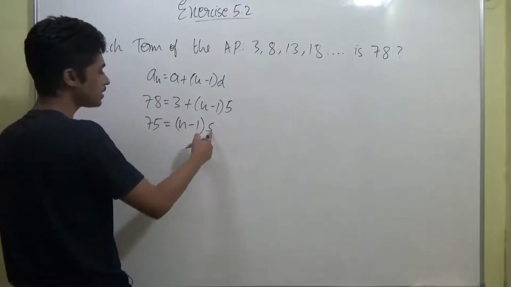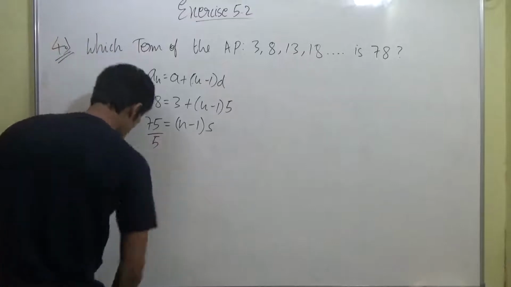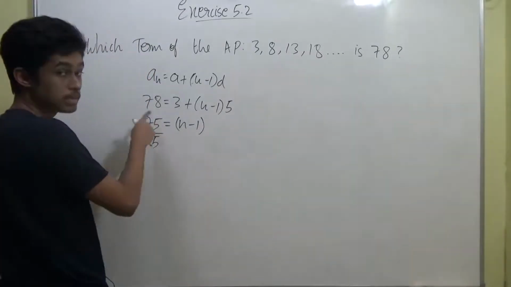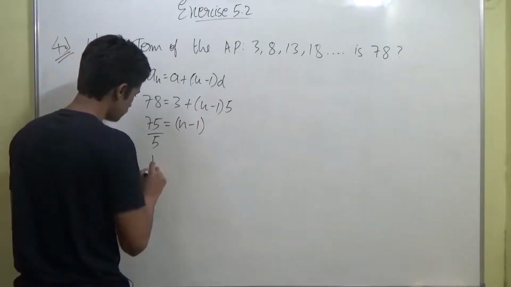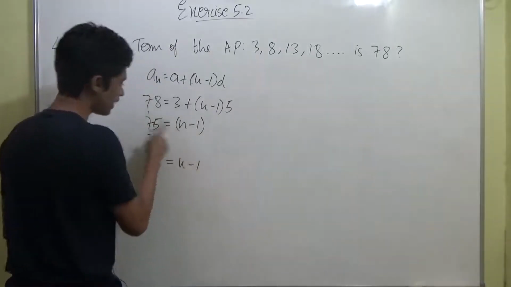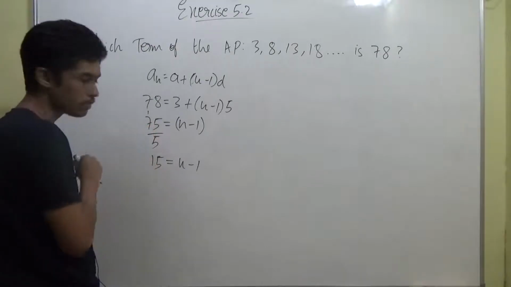Now I'll take this 5 down here. Getting it, guys? I'll bring this 5 down here. So n minus 1 will become equal to 75 by 5, that is nothing but equal to 15. Getting it, guys? 75 by 5 is 15 equal to n minus 1.